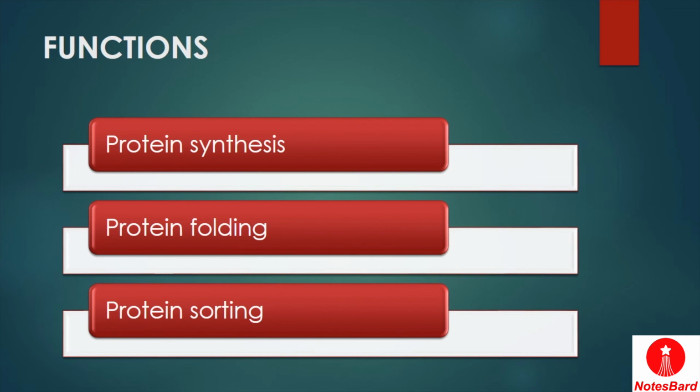Now, the third function of the rough endoplasmic reticulum is protein sorting. When the proteins are synthesized and properly folded, they need to be dispatched toward their ultimate destination, because we know that proteins are very important biomolecules used for different functions in the cellular organelles.